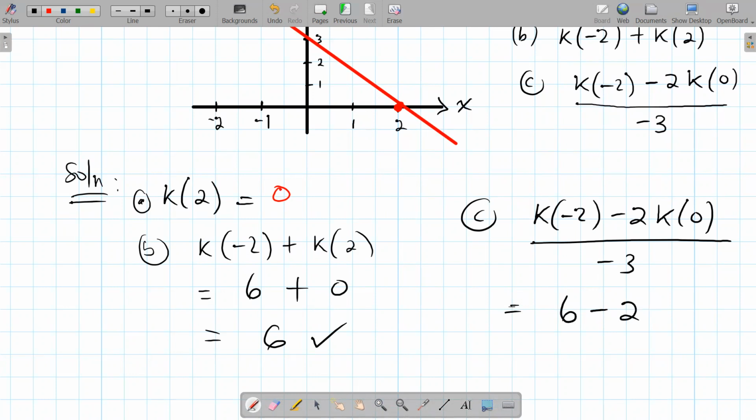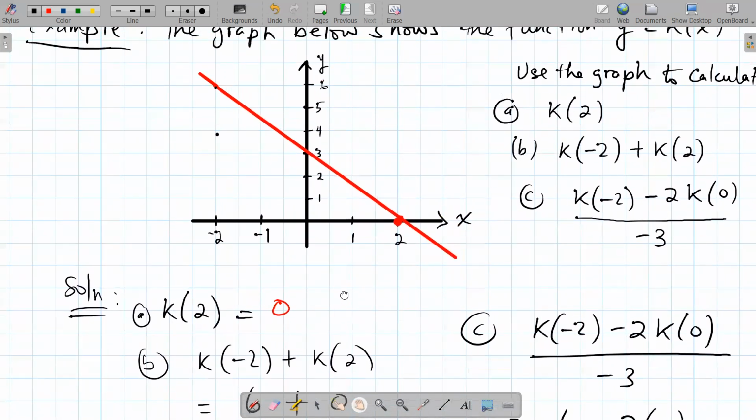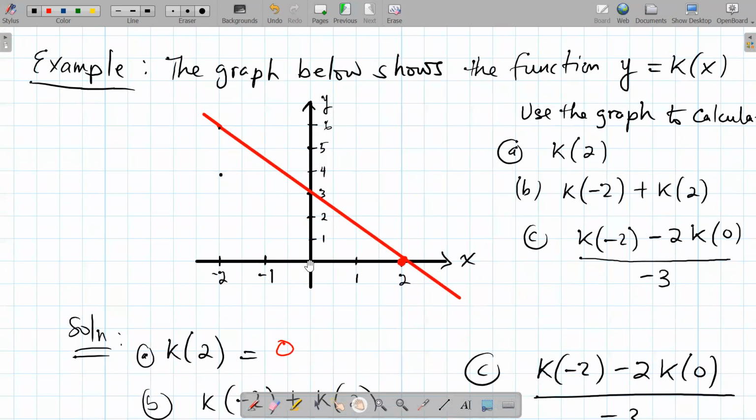What is K of 0? K of 0 says that I should be on X equals 0. If X is equal to 0, and I move up, the Y value that I touch on this line is 3.